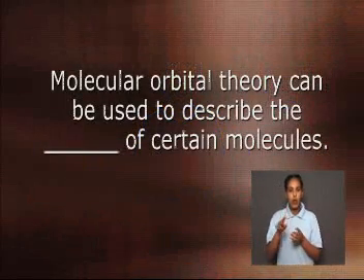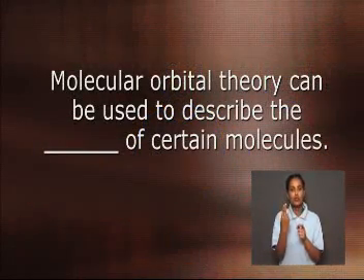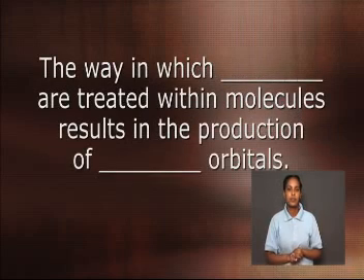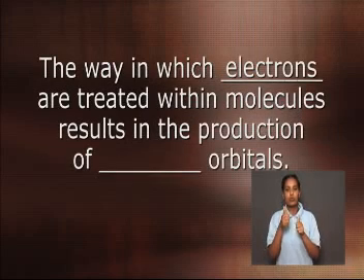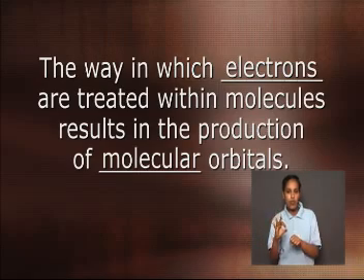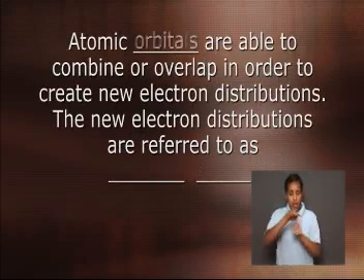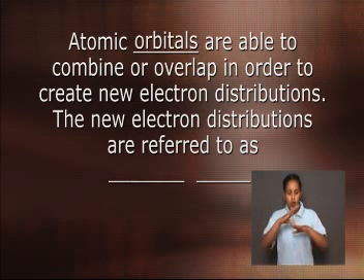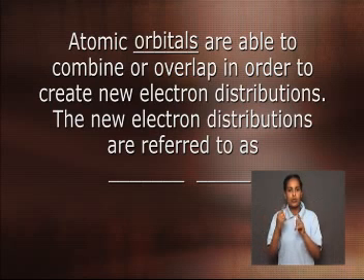Molecular orbital theory can be used to describe the stability of certain molecules. The way in which electrons are treated within molecules results in the production of molecular orbitals. Atomic orbitals are able to combine or overlap in order to create new electron distributions.